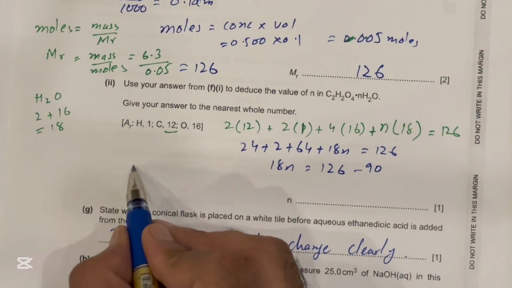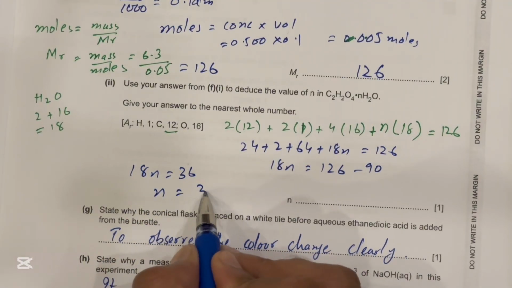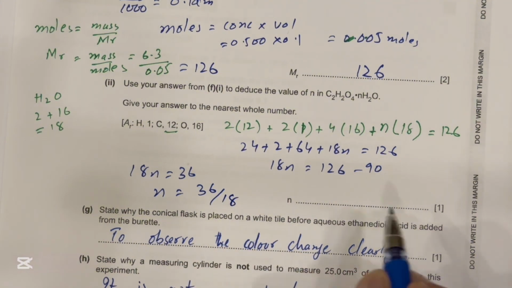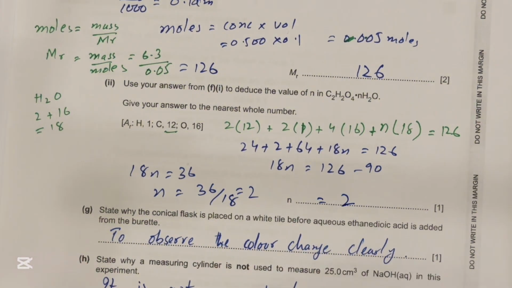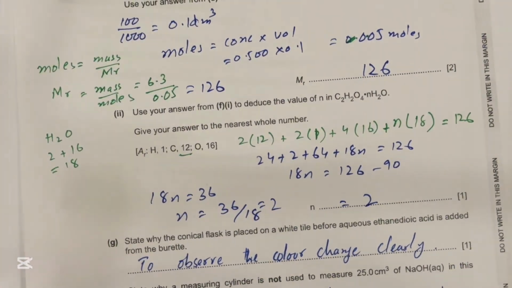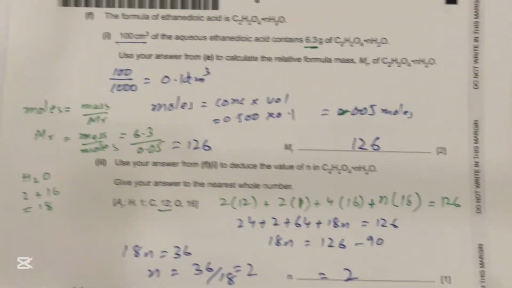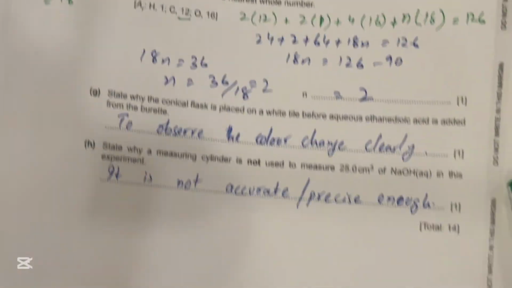Then 18n is equal to 36. Then n is equal to 36 divided by 18. You get the answer, that is 2. So n value is equal to 2. So this was a very good question. We just calculated water of crystallization. This is a complete moles question, a very beautiful question.